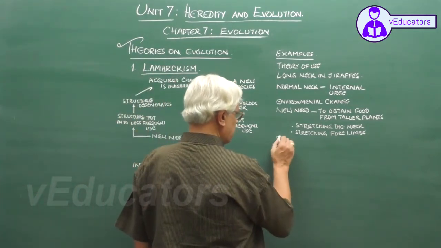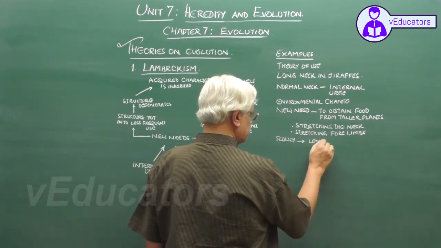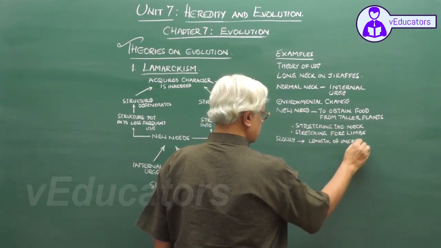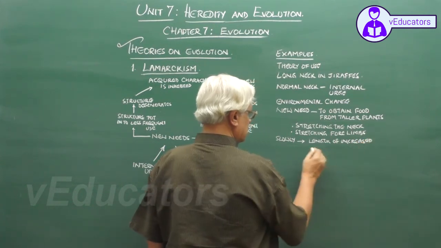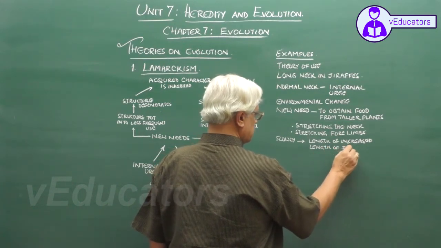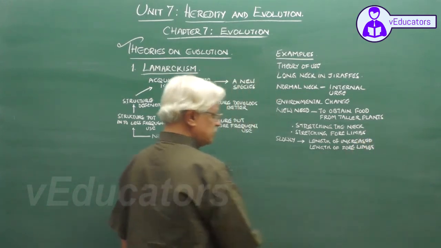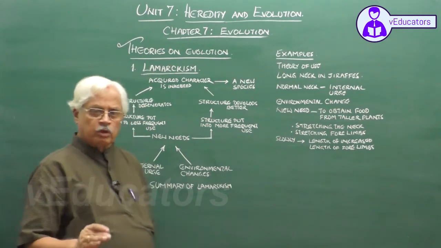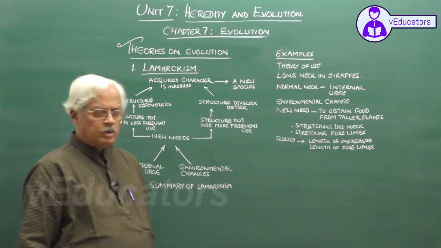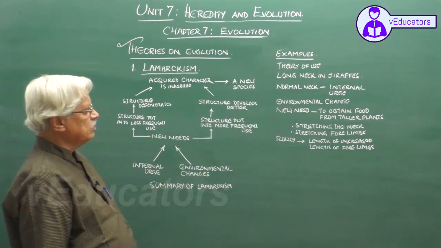Therefore, slowly over generations, length of the neck increased, and length of the forelimbs increased, and that is how present day giraffes have longer necks and longer forelimbs. This is one familiar example that Lamarck gives in support of his idea of the theory of use of organs.